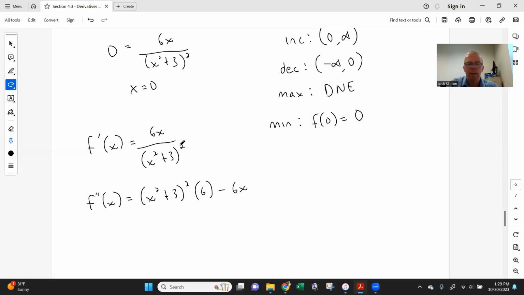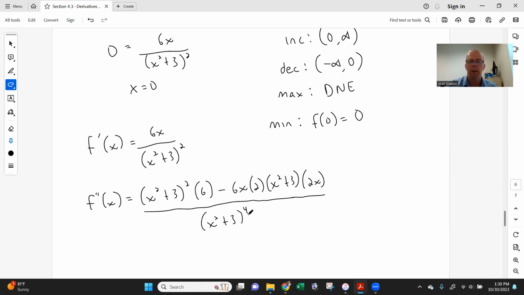So we're going to bring 2 down. So 2 times x squared plus 3, subtract 1 from the exponent, so that's a 1 now, and then times the derivative of x squared plus 3. And then all over x squared plus 3 to the 4th. Square that bottom part.